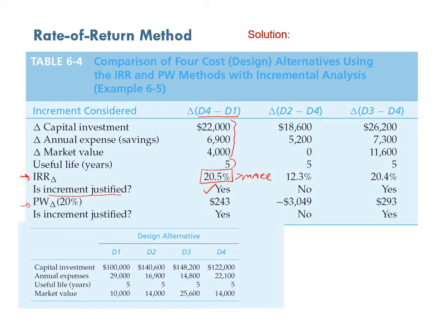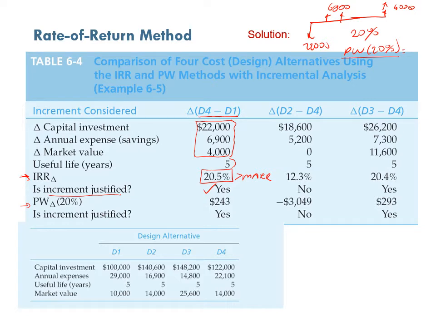If we use the present worth method, again with this incremental analysis, we find the present worth of this cash flow. So 22,000 negative. For 5 years I have these earnings, and plus I have this market value. MAR is 20%, so I need to find the present worth of this cash flow using 20%.